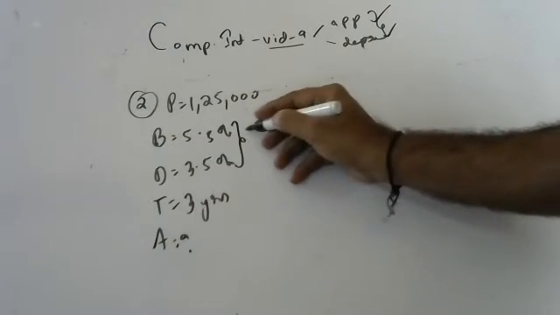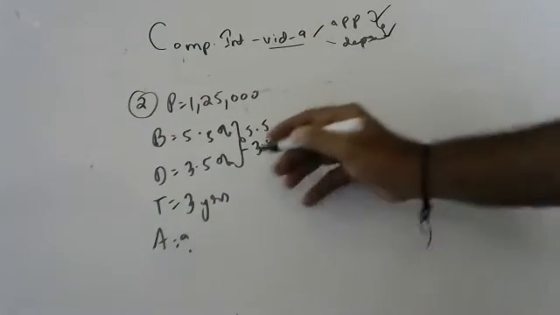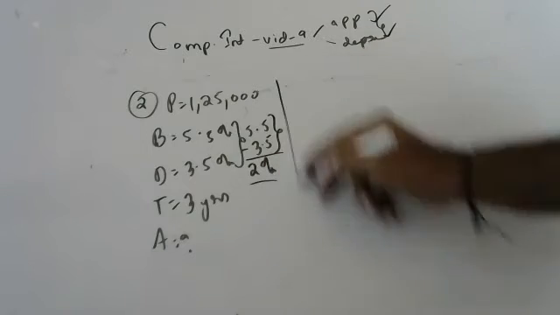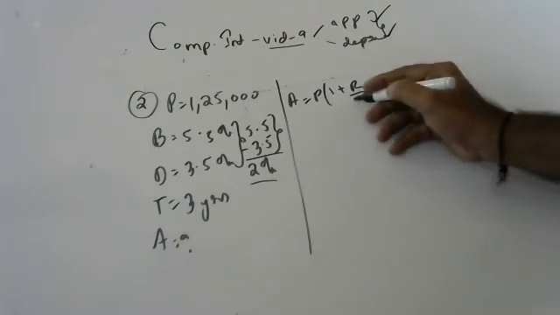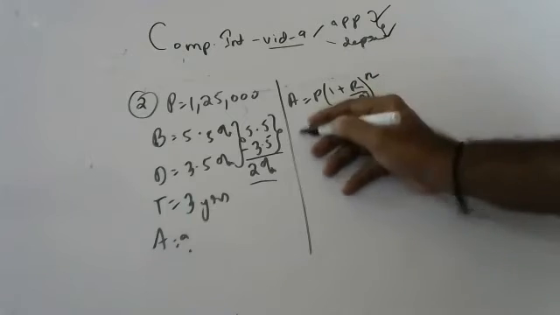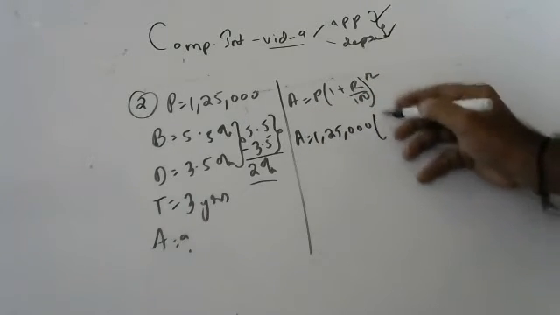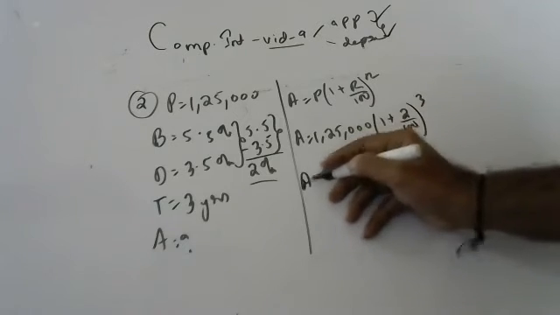How should we do it? Sir, we should subtract 5.5 and 3.5, so the rate is 2%. A is equal to P into 1 plus R by 100 whole to the power of n. A is equal to 1,25,000 into 1 plus 2 by 100 whole to the power of 3.